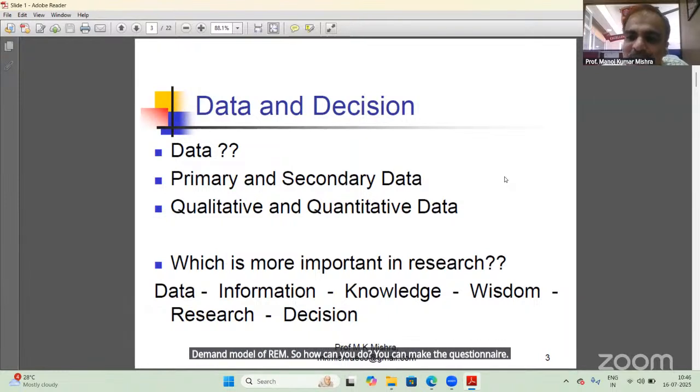You will make a questionnaire, and you can give this questionnaire to different respondents. They will fill it. On the basis of this data, you can make the demand model in Bangalore. In any city of Karnataka, you can make the demand model. In any part of India, you can do like this.